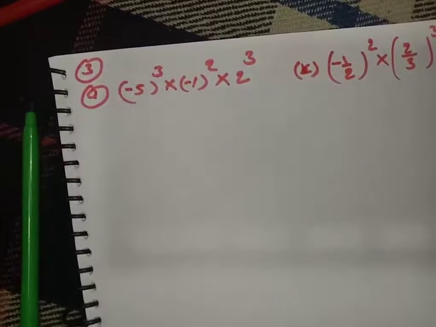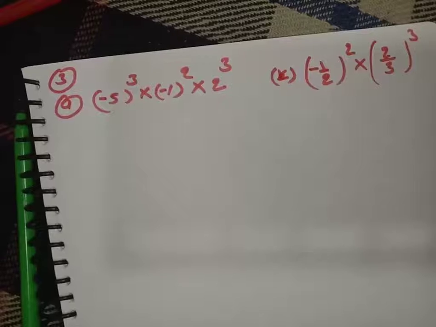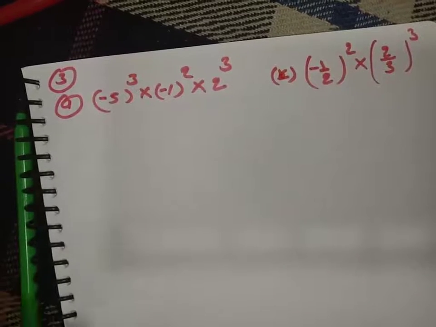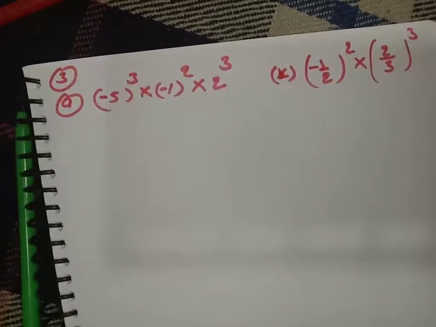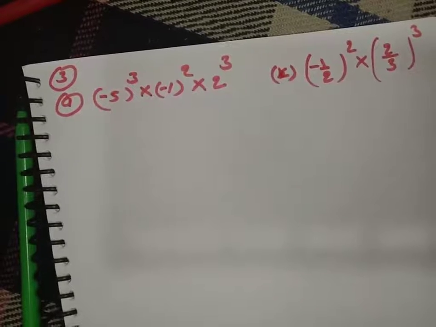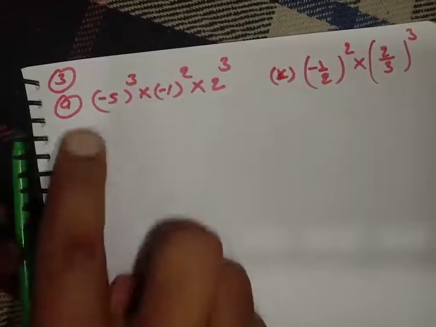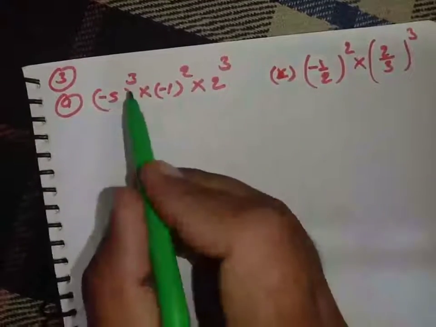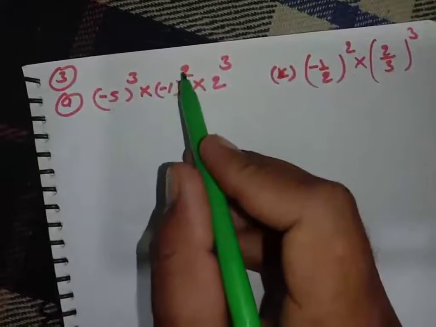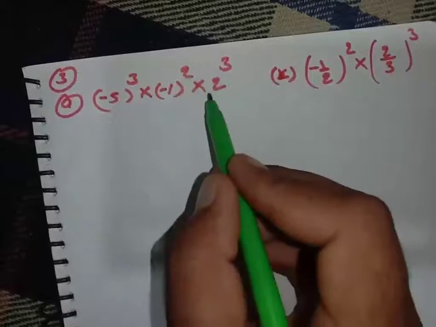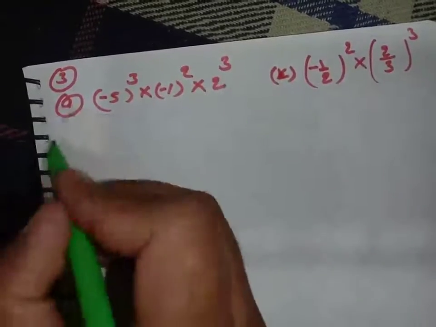Here question number 3: find the value. There are different patterns of questions. First question: minus 5 to the power 3 into minus 1 to the power 2 into 2 to the power 3.